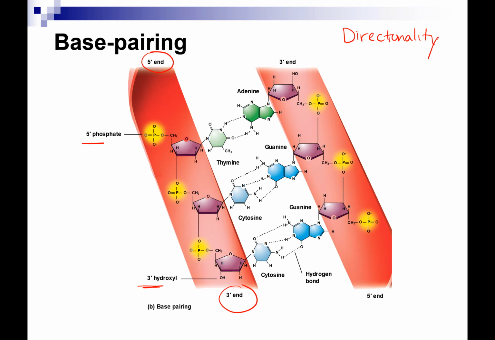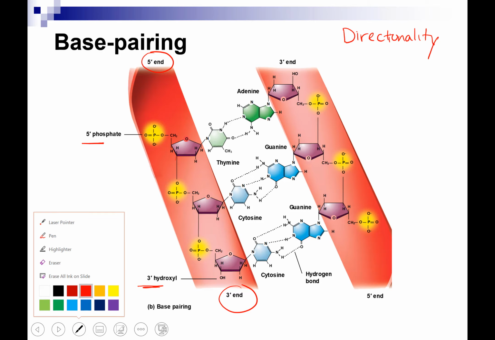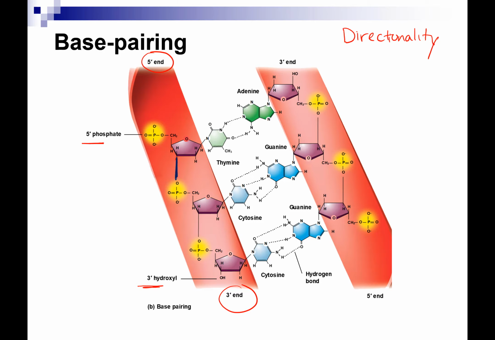The 5' phosphate is hooked to the 5' sugar, and the 3' OH is where we connect. So we connect the 3' OH to the next phosphate. This, my friends, is your phosphodiester bond.